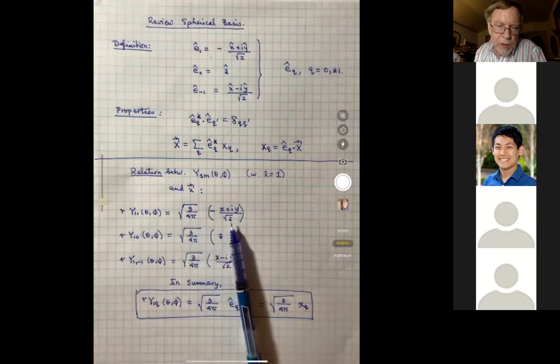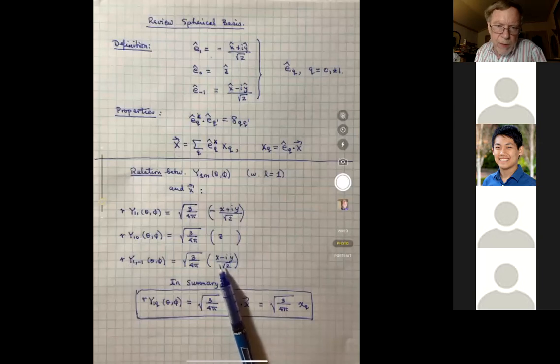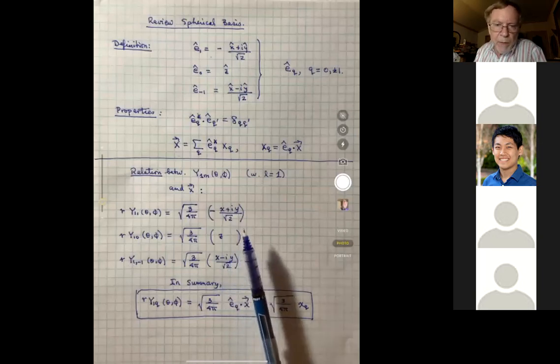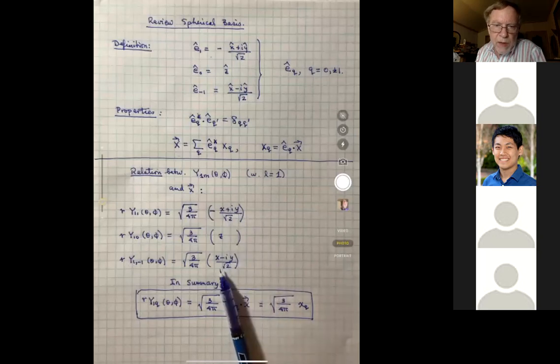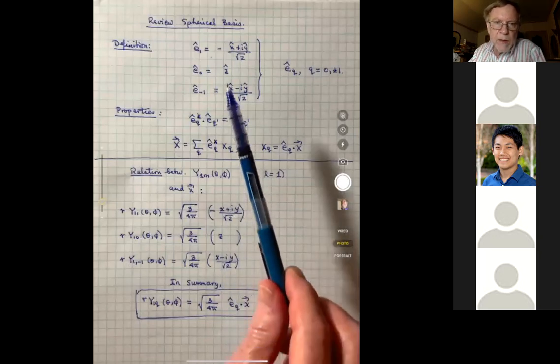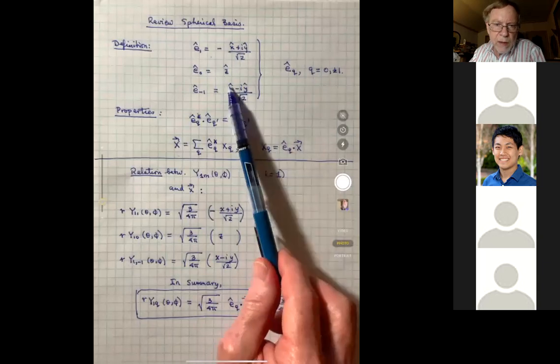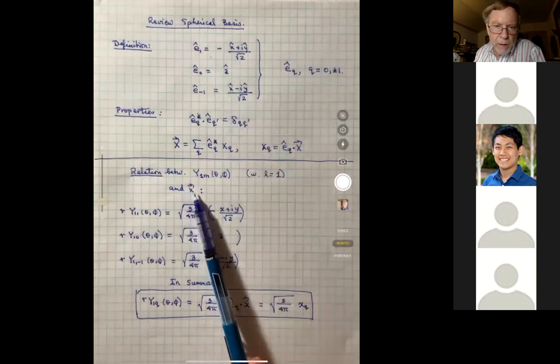What's left over is the components of the position vector, like my overall minus x plus iy over root 2, z, and x minus iy over root 2, just by inspection. However, these things in the parentheses here are the same thing as the spherical basis vectors dotted into the position coordinate of the particle.